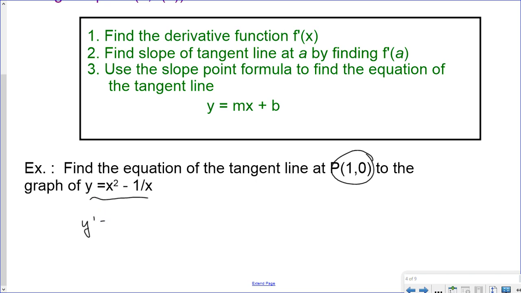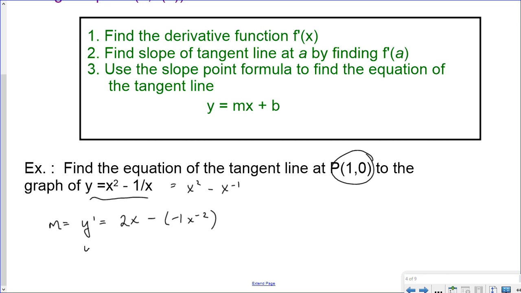y prime. And I know y prime is actually my slope for the equation. So let's just rearrange this a little bit. I've got x squared, and I'm going to write that 1 over x as x to the negative 1. So my derivative will be 2x minus, and then a minus 1, x to the negative 2.